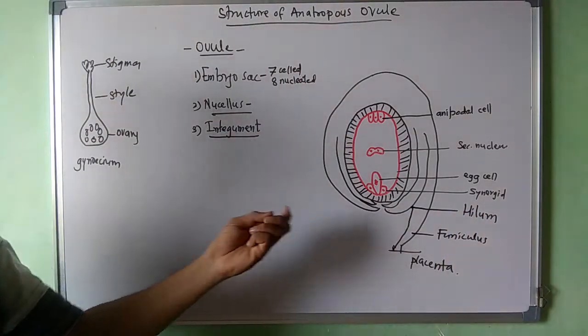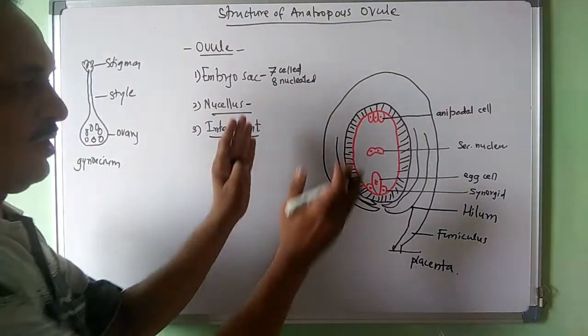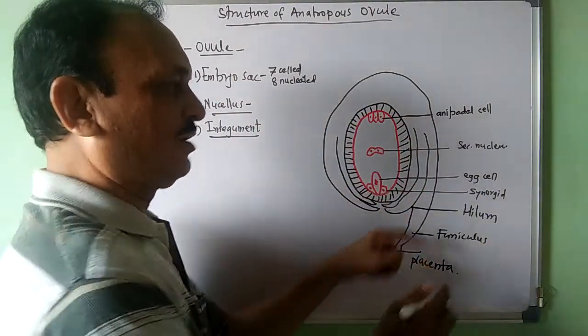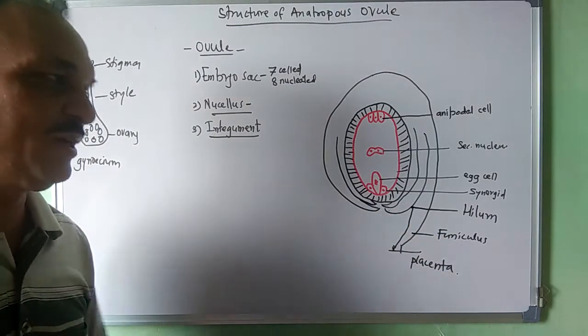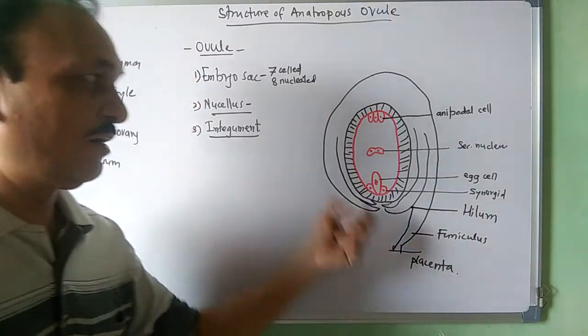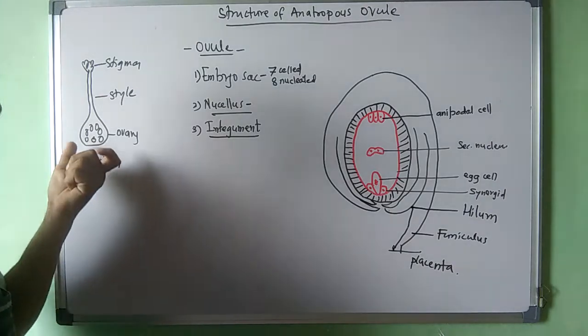So the hilum is the attachment of the body of the ovule to the funicle, and the stalk-like structure joined to the placenta is the funiculus.